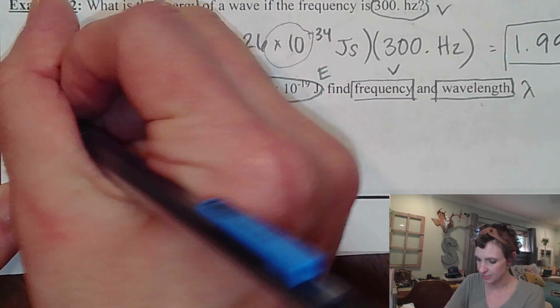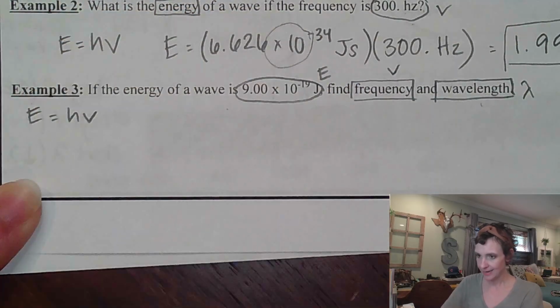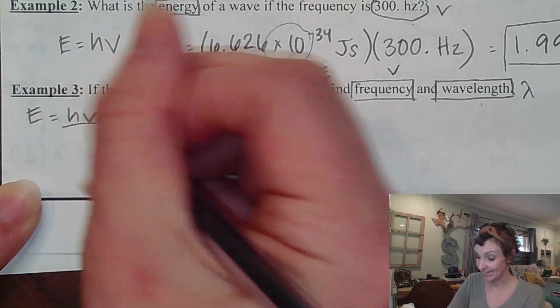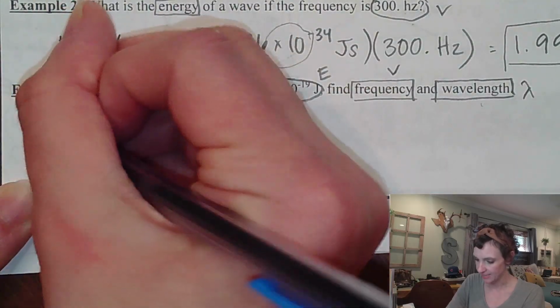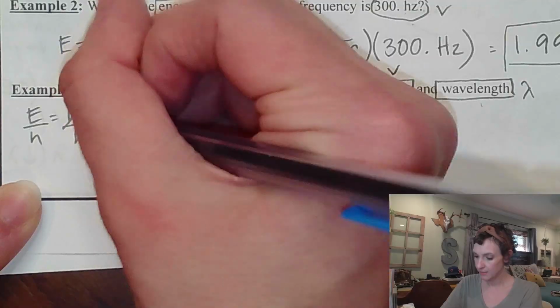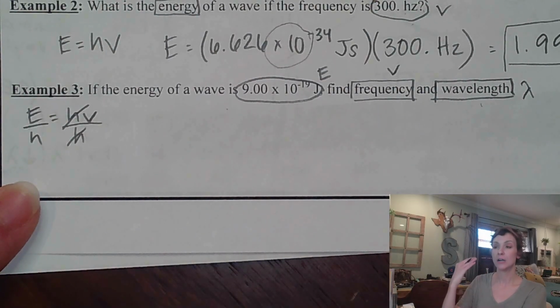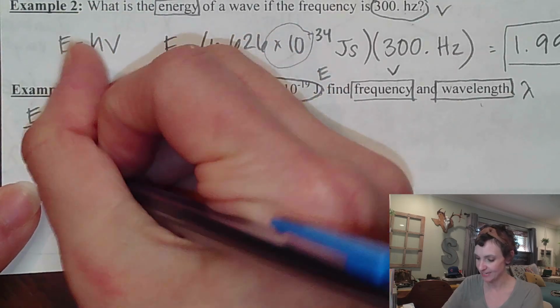And once again, my energy equation is this one. I have to get frequency by itself, so I have to get rid of its little h buddy that is sitting next to it. Those go away. And then I have frequency is equal to energy over Planck's constant. Do you see how we did that?